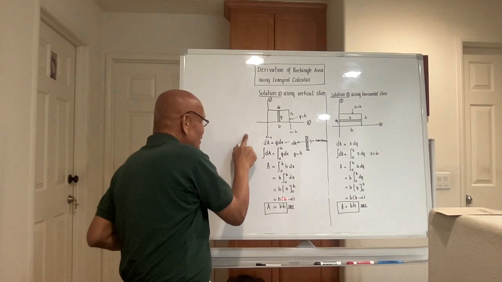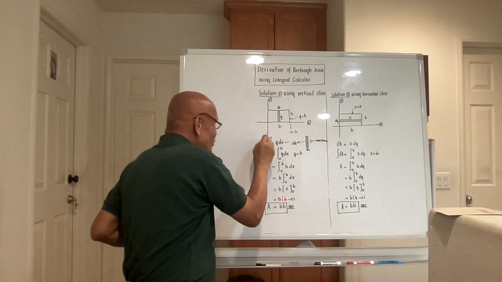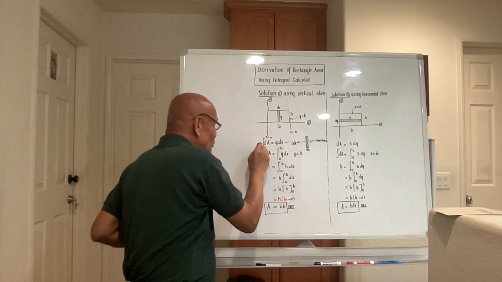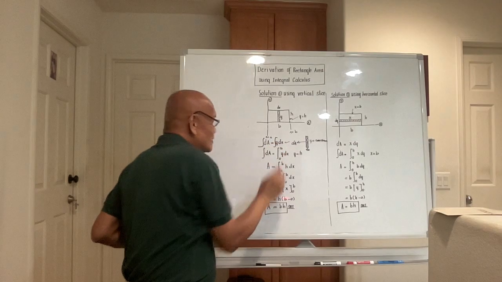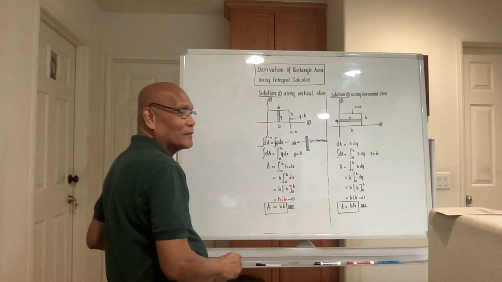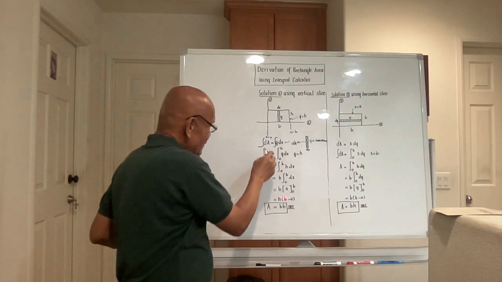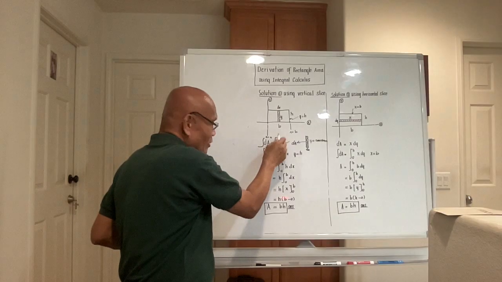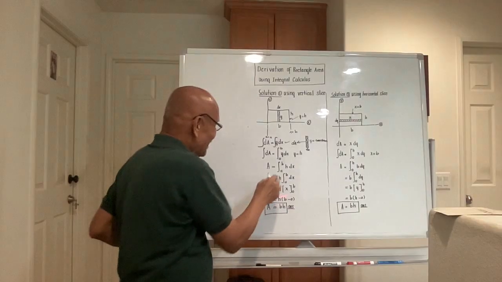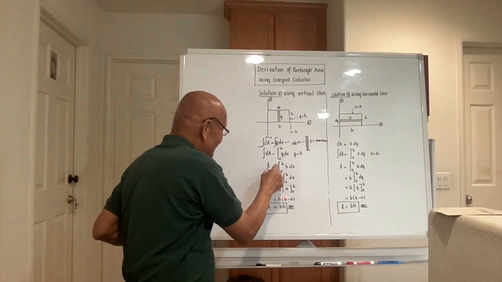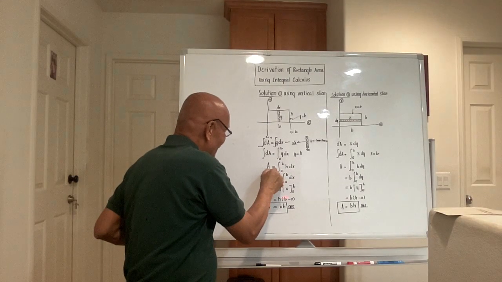That's the integral. So if we now integrate both sides, the integral of differential area will be equal to the integral of y dx. But the integral of the differential area, that's basic integral calculus, will simply be area.